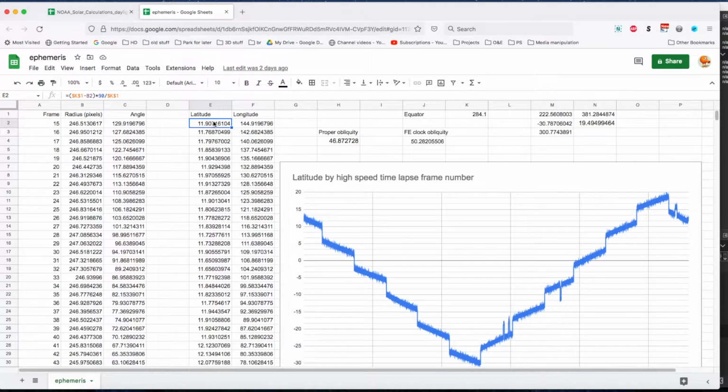And so the way I calculated the latitude, I subtracted the radius that the computer identified from 284.1, multiplied that by 90 degrees and divided that by my 284 pixels per 90 degrees, and that derived an equivalent latitude in degrees. I also calculate the longitude, which I don't really have to in this case because I'm not using it, but this is the formula that I'm using.